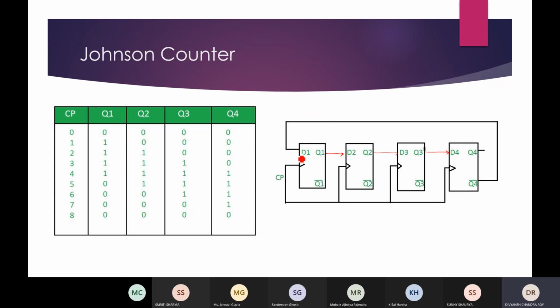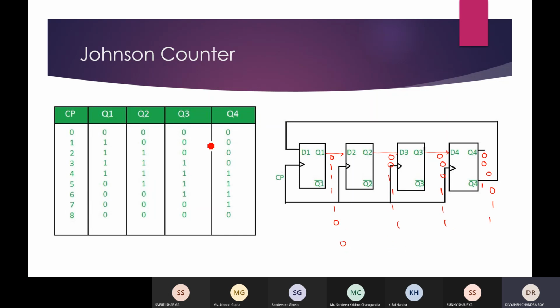So if you consider the initial condition as 0 0 0 0, then the next state will be 1 0 0 0, and then again it will be 1 1 0 0, then 1 1 1 0, and then again 1 1 1 1, and then again 0 1 1 1, and so on.